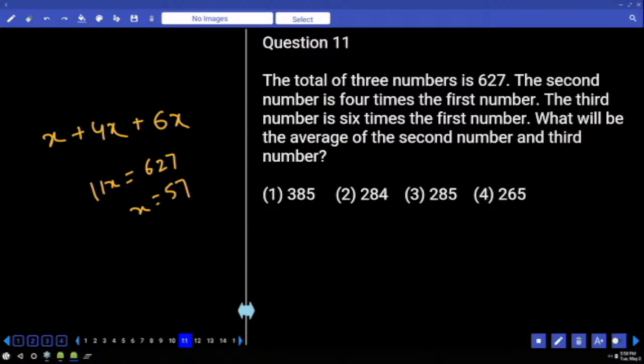Now the question is about the average of the second and the third. Second and third together are 10x. X equals 57, so 10x equals 570. The average is divided by 2, so the answer is 285. Choice for the 11th one.